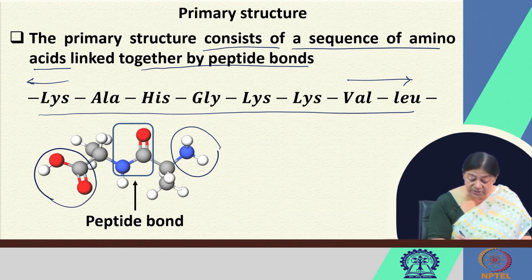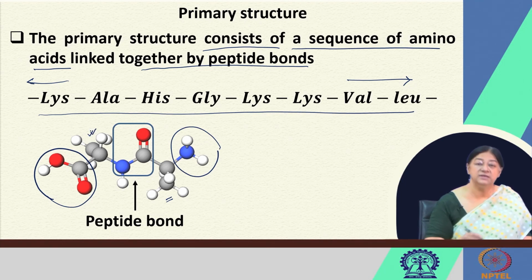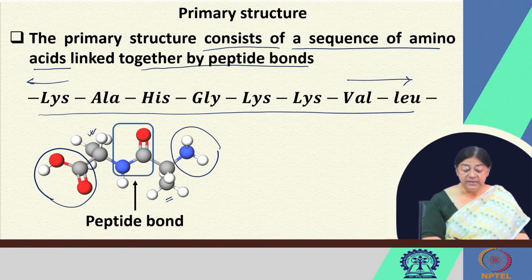So, this particular R group is amino acid number 1. This is amino acid number 2. This should not lead to any confusion whatsoever. The amino acid that begins the protein is the N terminus. How is the peptide bond formed?